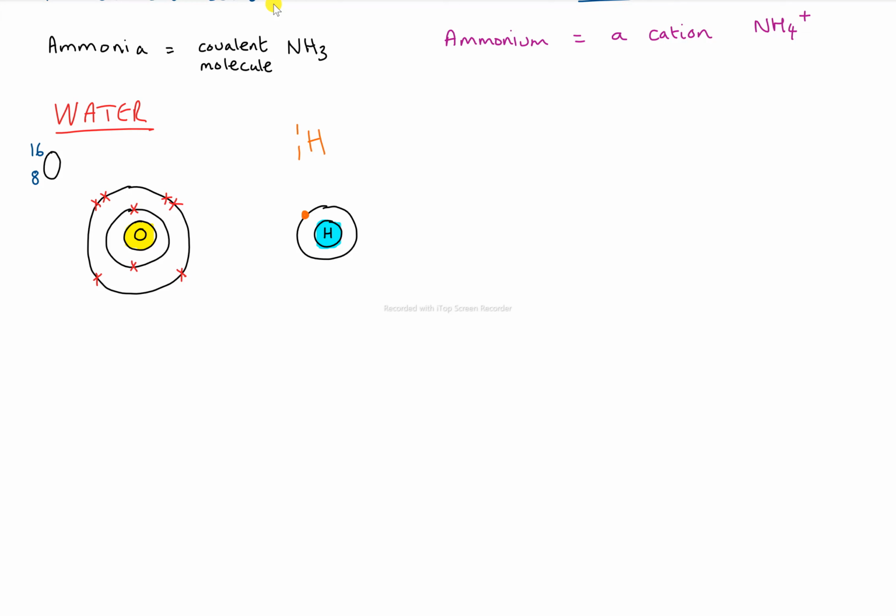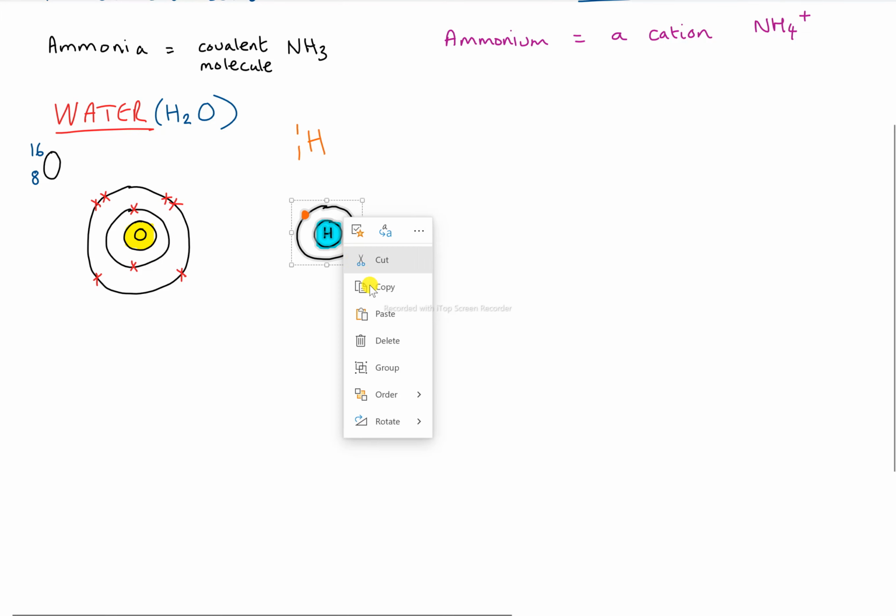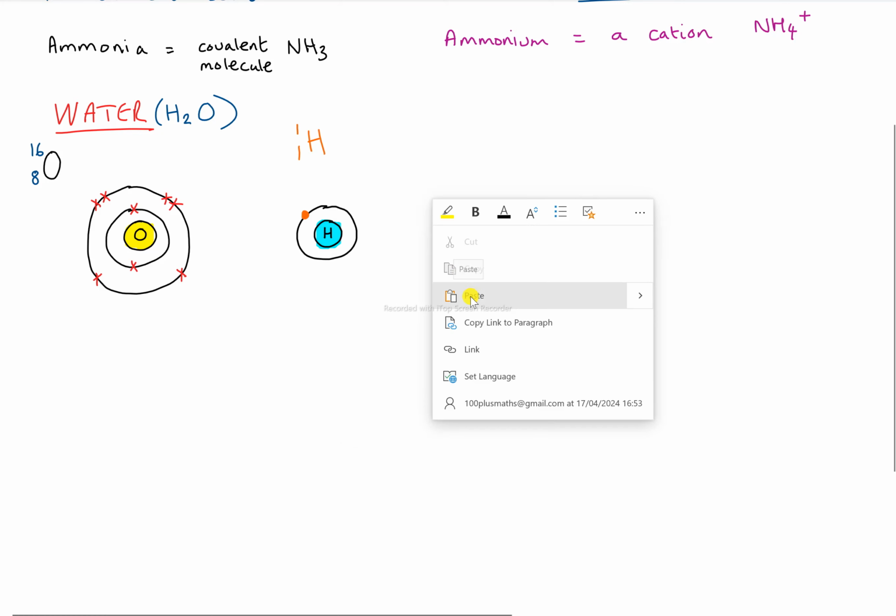With water, you know that water is H2O. So you've got two hydrogens and one oxygen. So we've got one oxygen here. We need another hydrogen. So all I'm going to simply do is group that for now, and copy that and paste it.